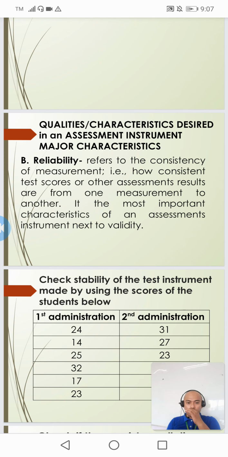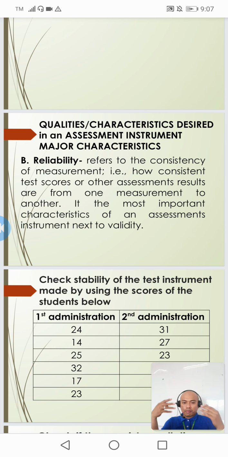With respect to the test items that you are taking, mag-iiba yung perception mo. Ang perception mo ngayon or yung psychological state mo while taking the exam is iba yung magiging psychological state mo for the second take.